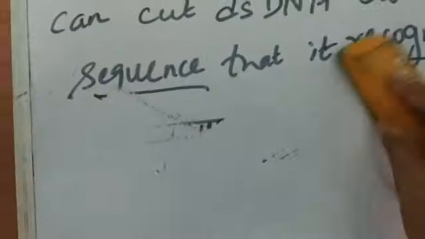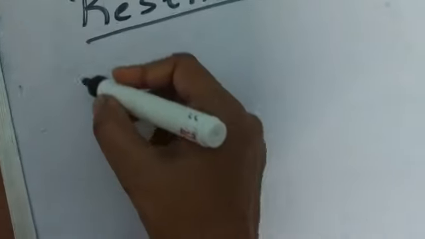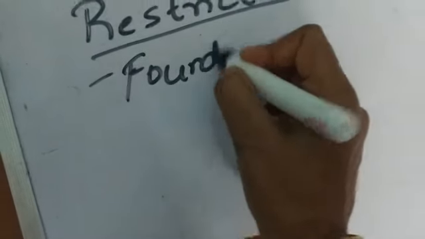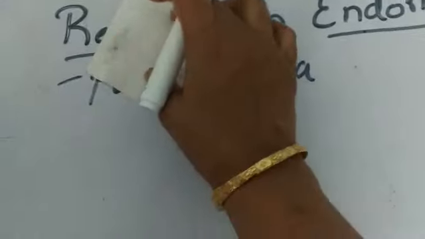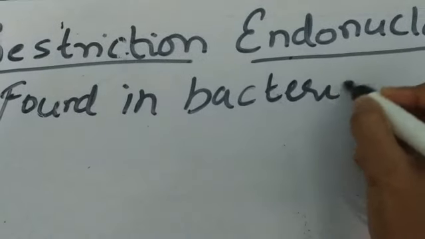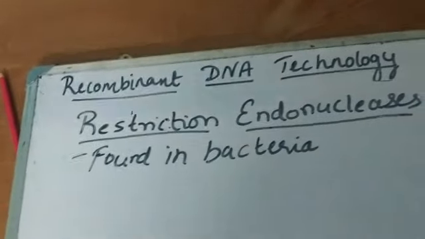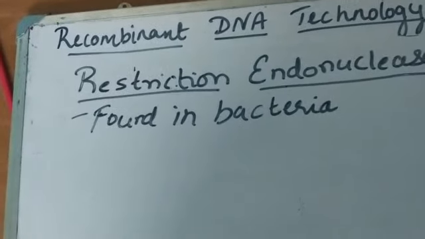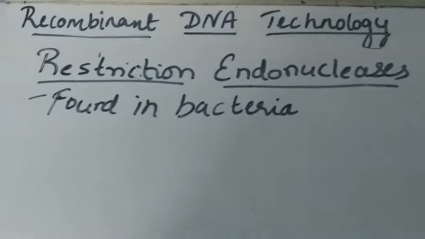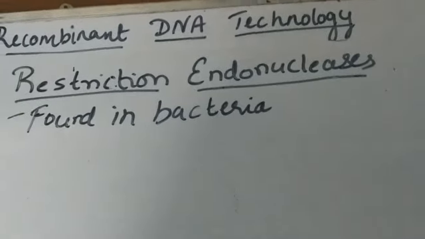Moving on, where do we find such restriction endonucleases, or how did scientists come across these restriction endonucleases? Restriction endonucleases are found in bacteria. Most bacteria produce these restriction endonucleases, and these enzymes have the ability to cut the DNA molecule at a specific sequence.